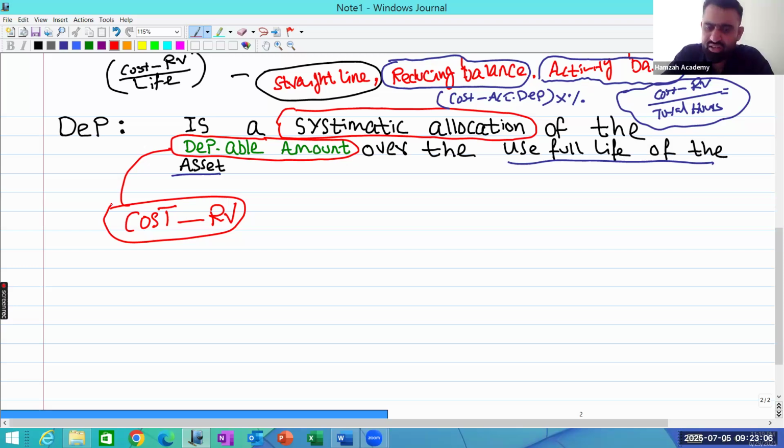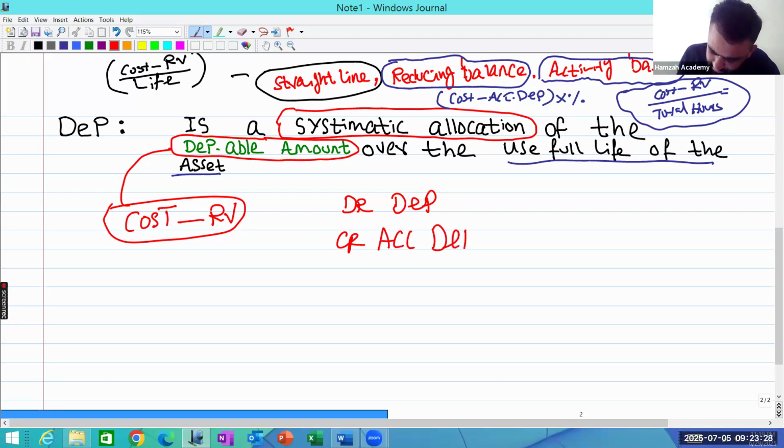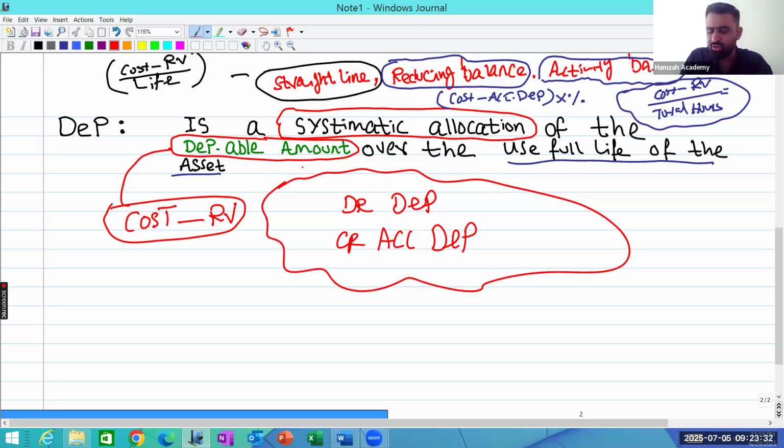And the entry we use to record the depreciation is normally debit depreciation and credit accumulated depreciation.